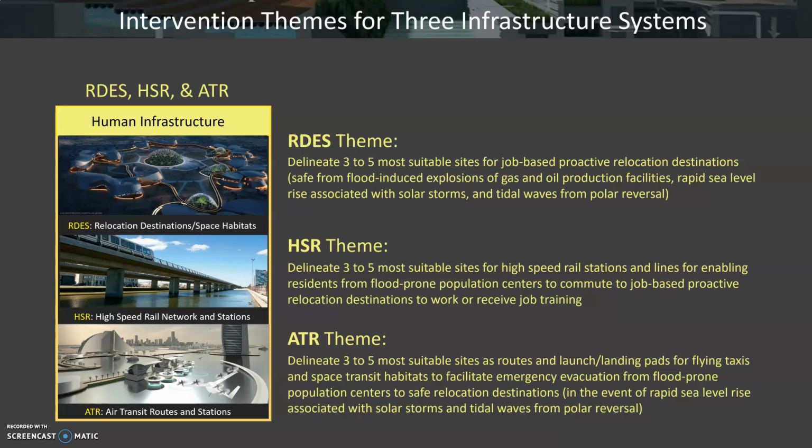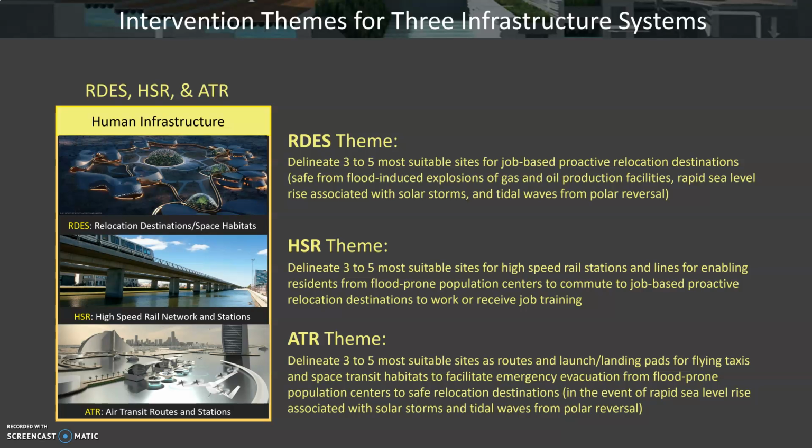So basically these air transit routes and stations might be more suitable for the areas that will be inundated by these catastrophic events, because we might not be able to have high-speed rail networks through those areas, but these air transit routes and stations might be able to be nestled within neighborhoods to facilitate timely emergency evacuation from these flood-prone population centers, and ultimately to help people relocate to safer destinations as well.